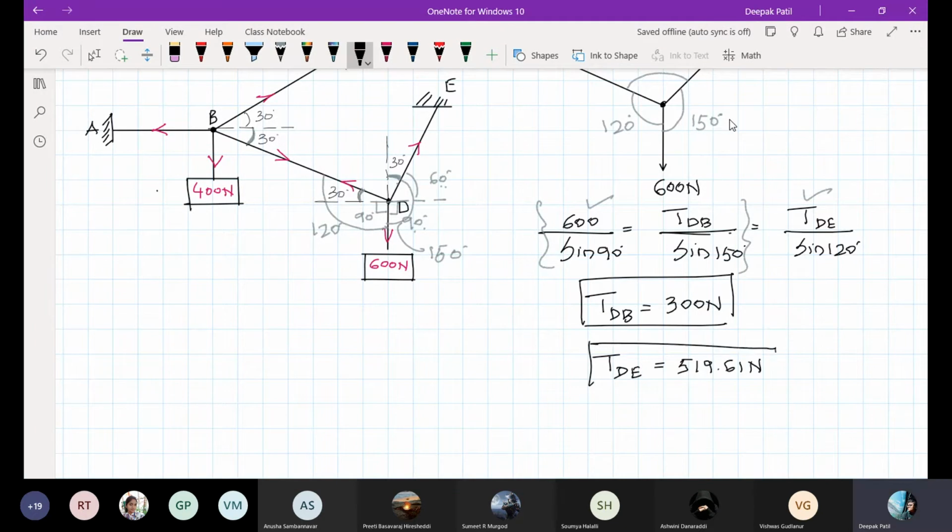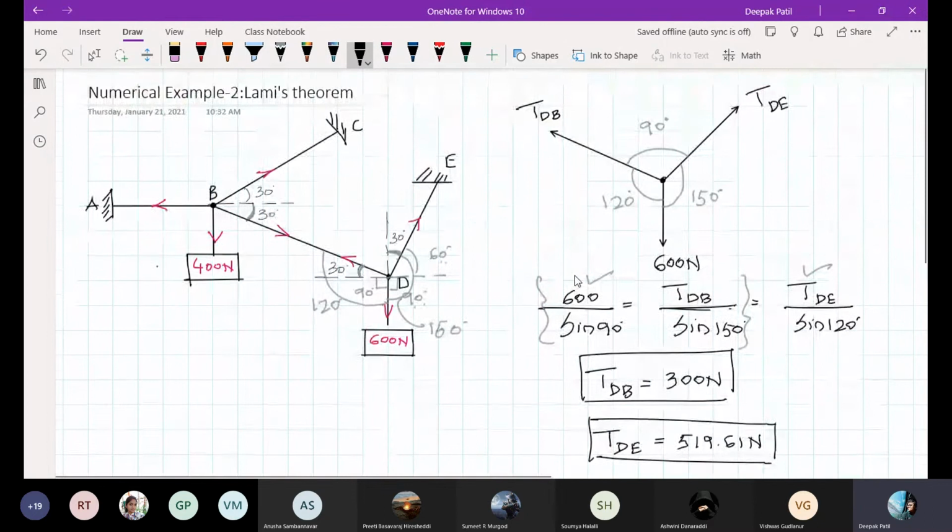Are you clear, students? Yes, sir. So I have calculated the tension in this string and also the tension in this string. This one is already given to you, which is 600 newtons.